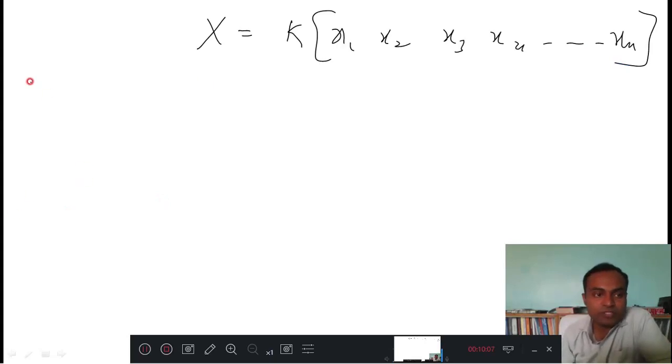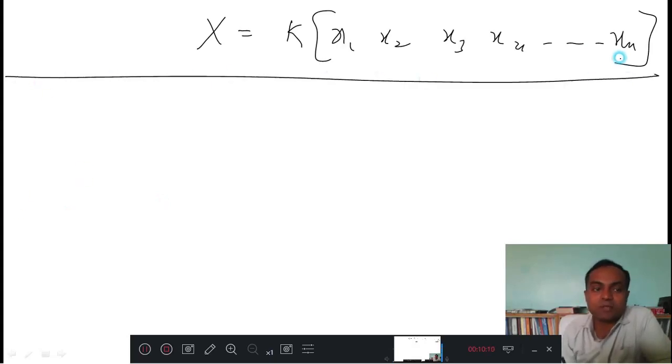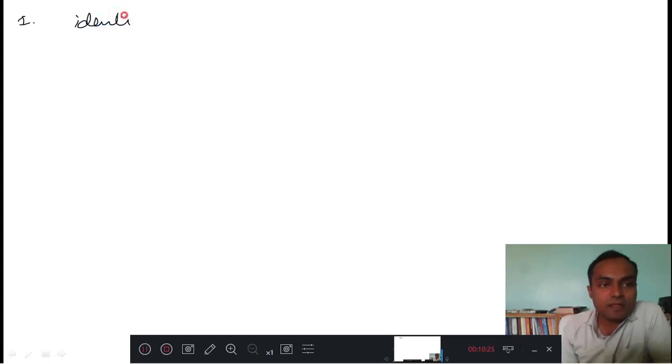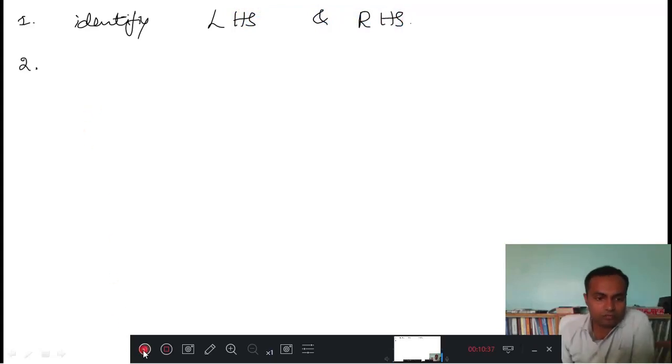Then what is the procedure to solve the problems of Rayleigh's method? The first step is to identify which is LHS and which is RHS. The second step is to write all the dimensions of LHS and RHS parameters independently.